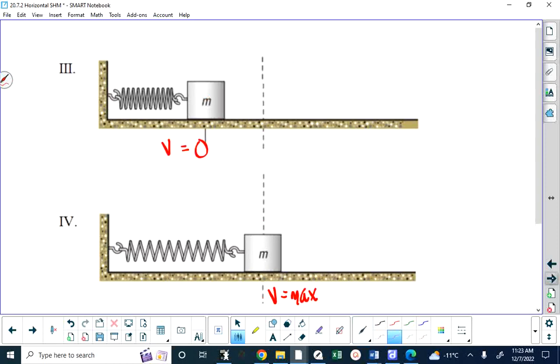When it gets to this point, you're going to have a maximum force again. It's just that it will be back towards the equilibrium position. The force is always trying to restore the mass to the original equilibrium position.